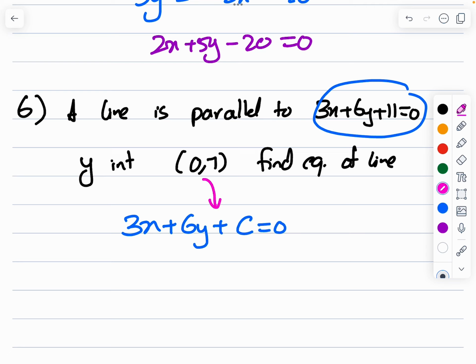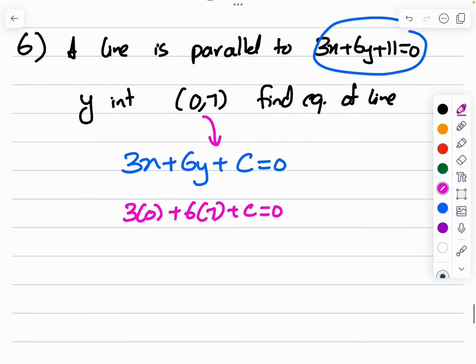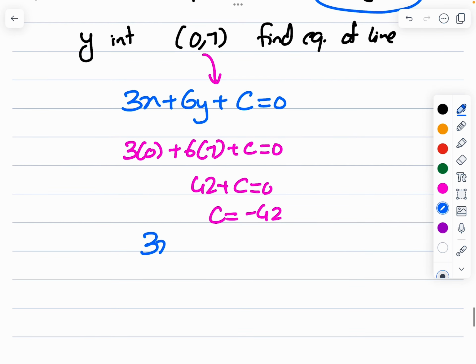Now what is the y-intercept? (0, 7). Plug in that one. 3 times 0, 6 times 7 plus c equals 0. So 42 plus c equals 0. c equals negative 42. So the equation is 3x plus 6y minus 42 equals 0.